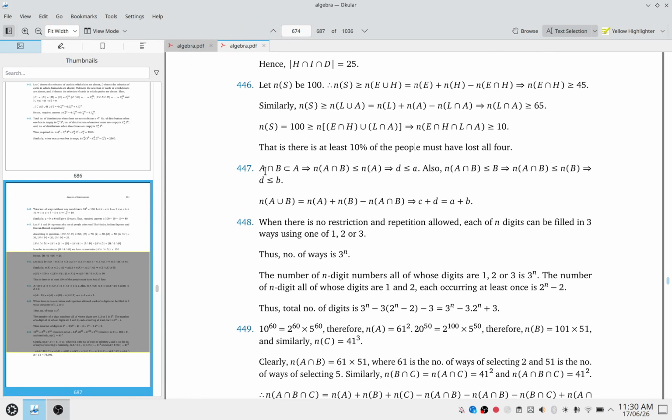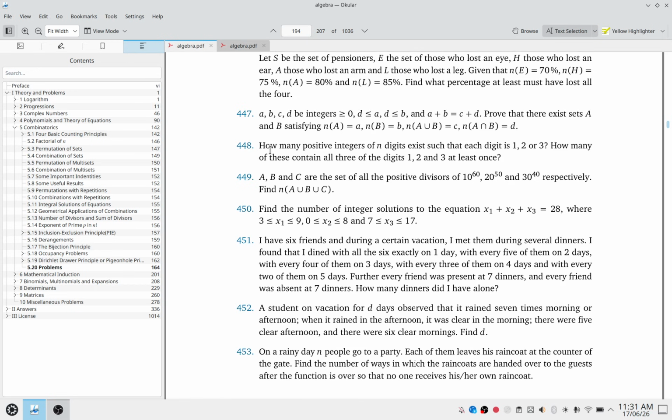So we know that A intersection B is a subset of A. That means the number of A intersection B is less than or equal to the number of A. That is d less than or equal to a, and similarly d less than or equal to b. So this implies that n(A union B) is equal to n(A) plus n(B) minus n(A intersection B), that is c plus d is equal to a plus b.